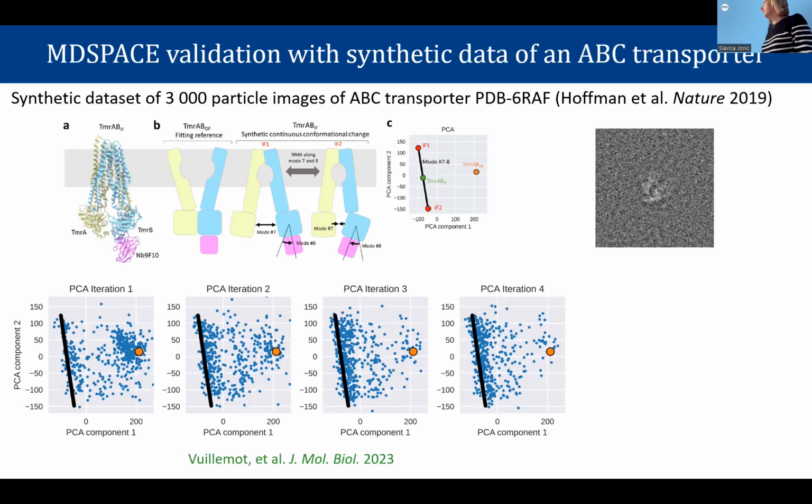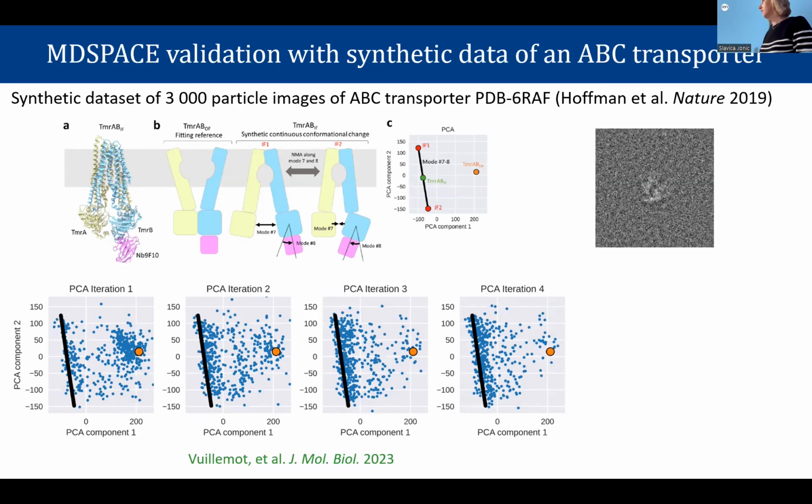This is not very important, there is some synthetic data and the system is changing shape. In black, this is the ground truth distribution. We generated some conformations to follow some linear distribution here. In the first iteration, you see the many points here.